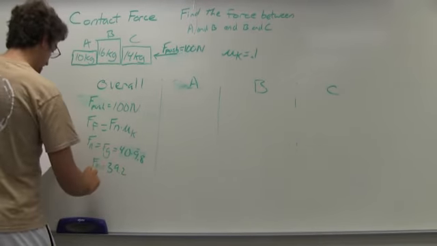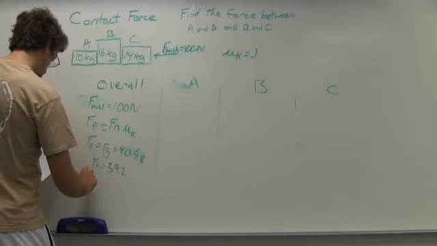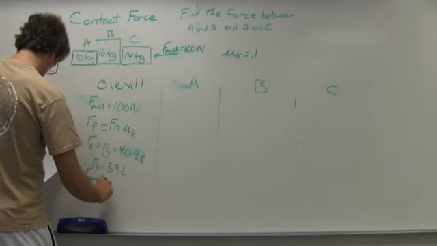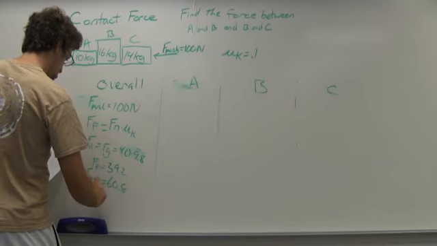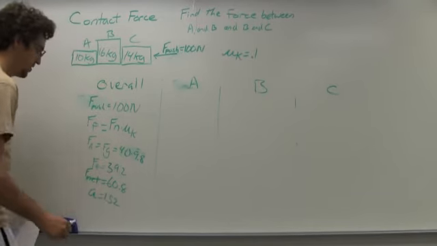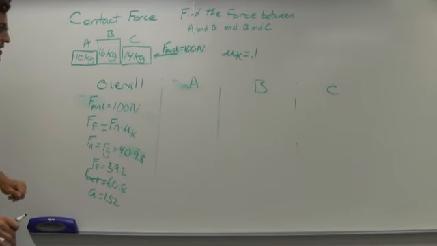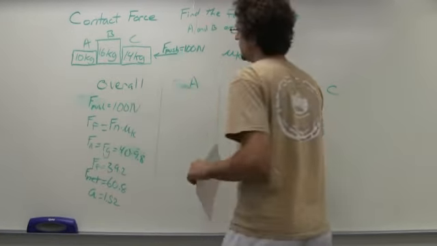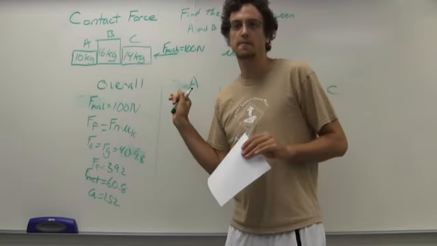Sorry. And then that gives us an overall net force of 60.8, which gives us an acceleration of 1.52. Now, we want to find the contact force between A and B and B and C.